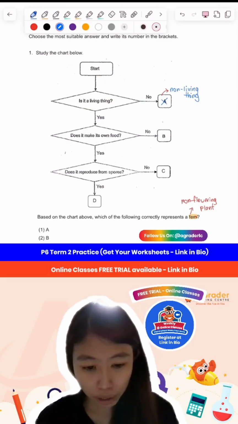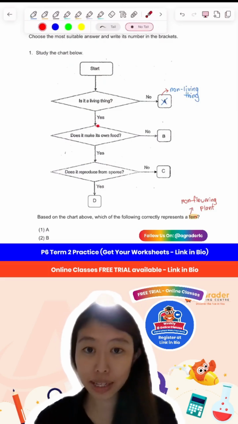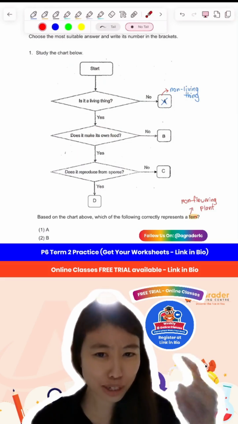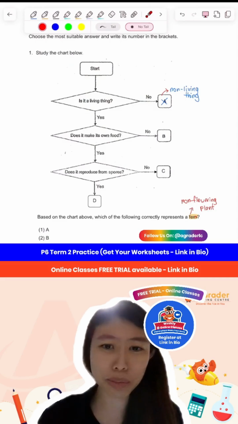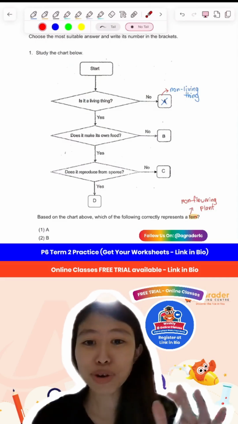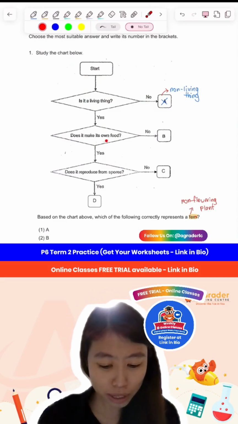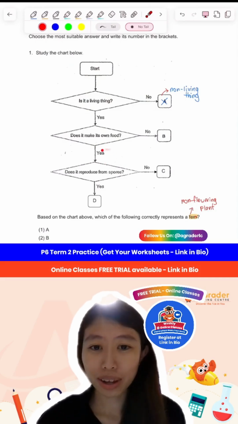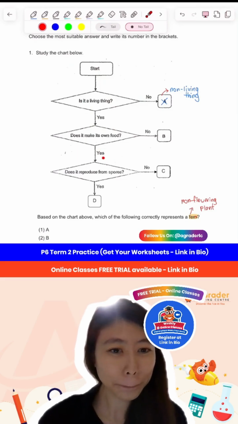Then we move down this path. Yes, it's a living thing. So does it make its own food? This is a recap, mixed topics already. The moment it says yes, it makes its own food, what group of living things is it?